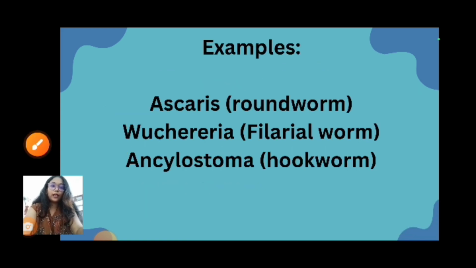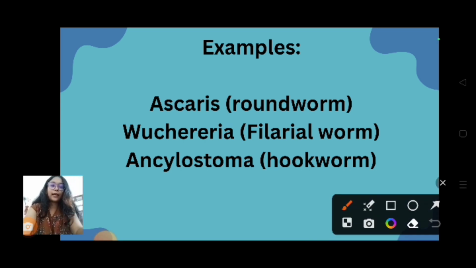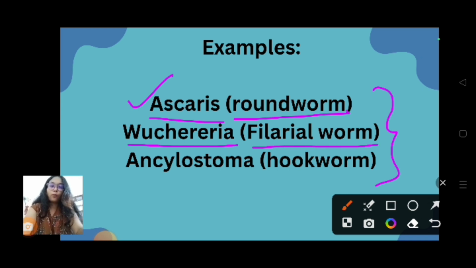Then moving on to the next slide, we can see some examples of Aschelminths. The first example is Ascaris, that is known as roundworm. Wuchereria, the common name is filaria worm, which contributes to elephantiasis.